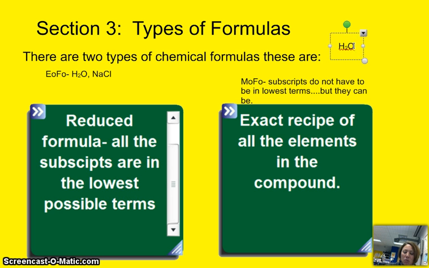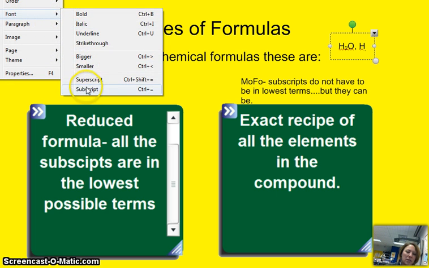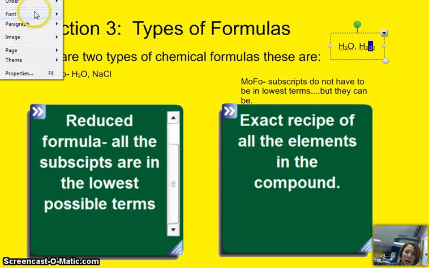However, its counterpart, which you may have heard of, hydrogen peroxide, H2O2. If you wanted to make hydrogen peroxide, it'd be H2O2. That is the molecular formula for hydrogen peroxide.